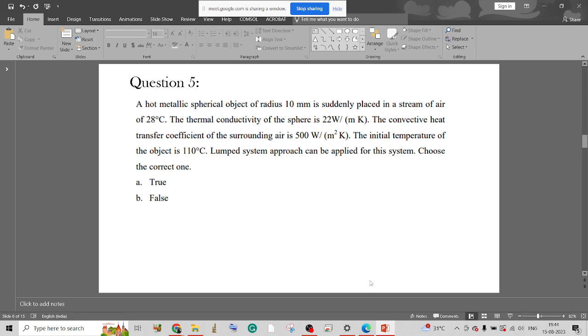For every question, we have to check the Biot number whether it is applicable or not. So now we have to choose the correct one.